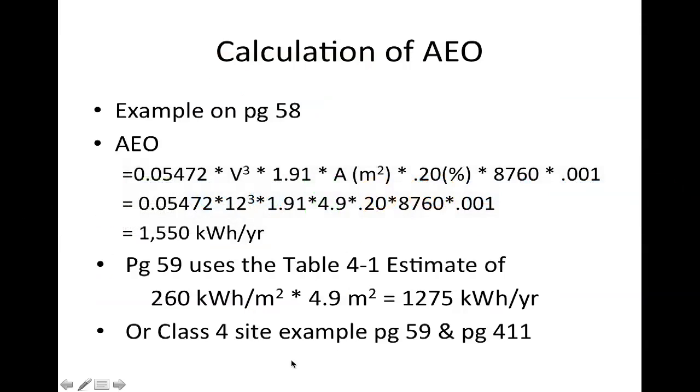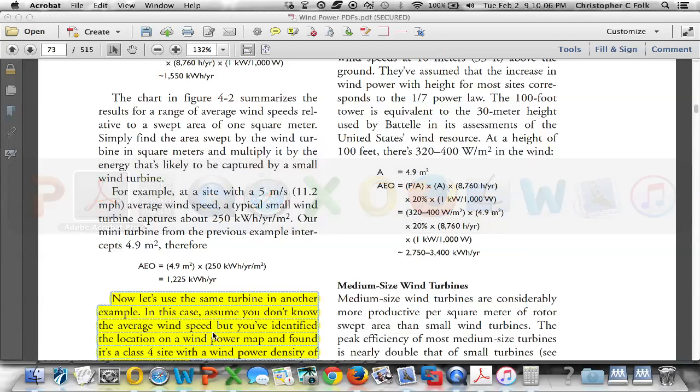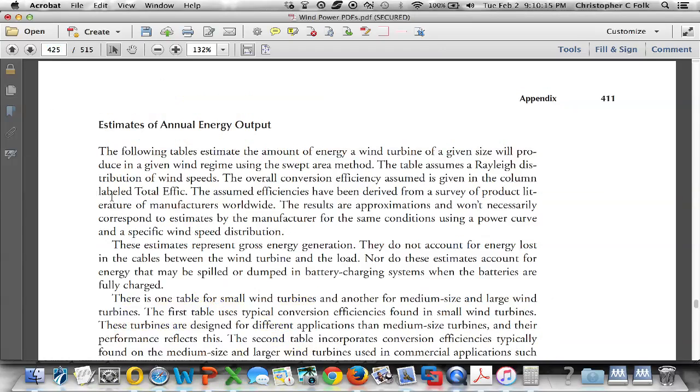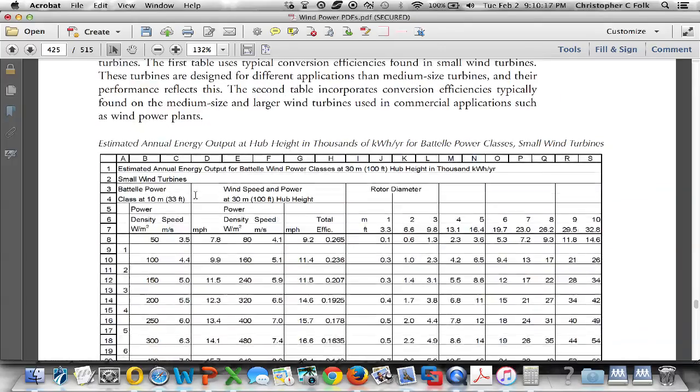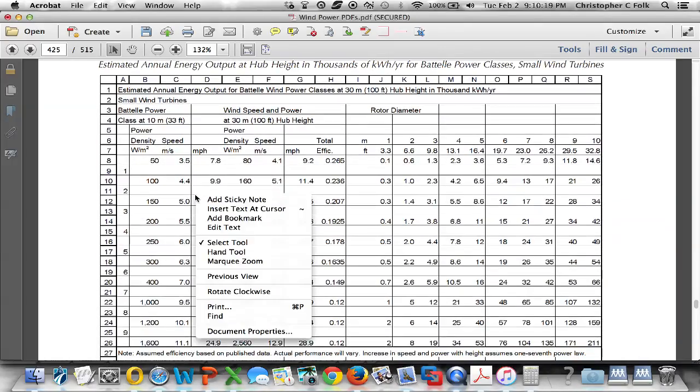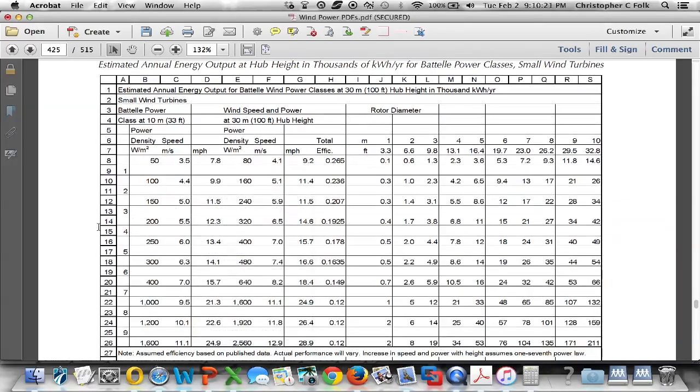Bear with me here. On page 411 of the text, we're going to find this wind class site. That's back in the appendix. We've got this chart, and this is one you guys can look at.